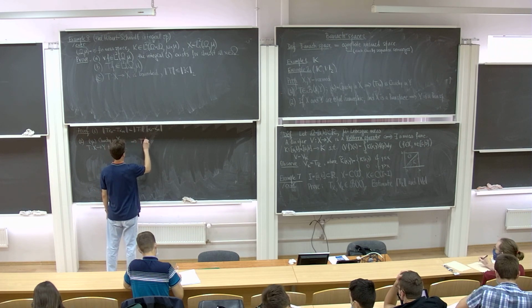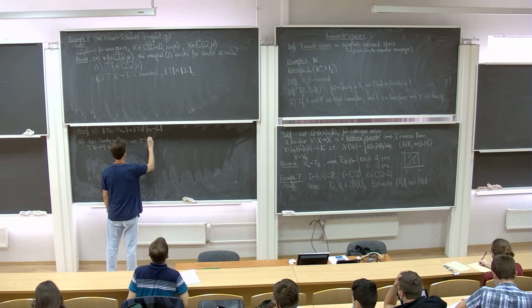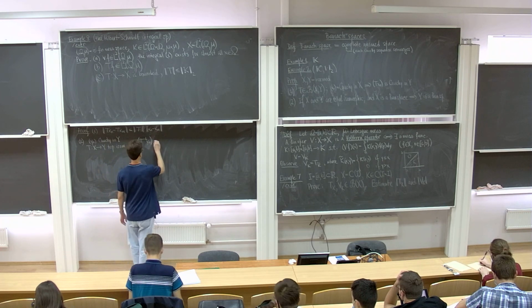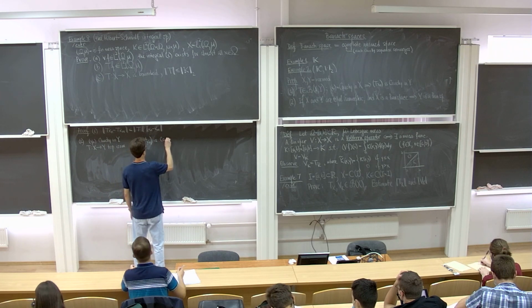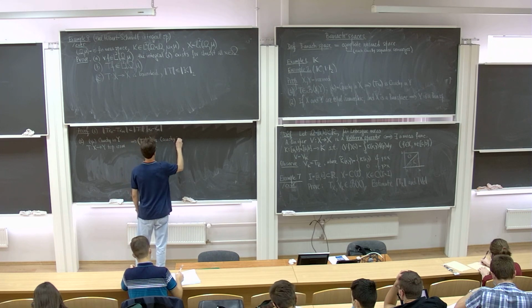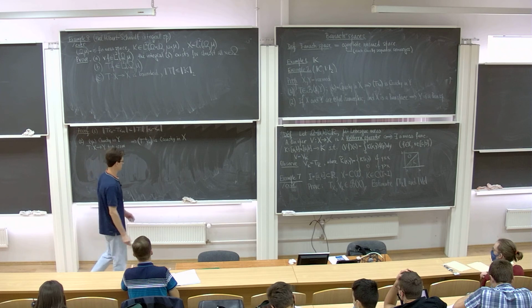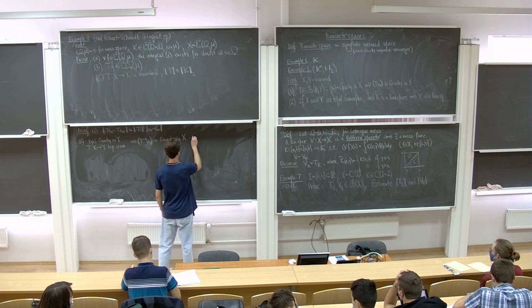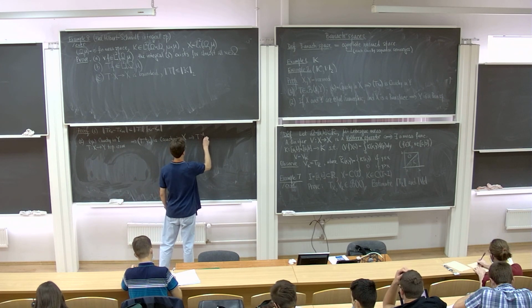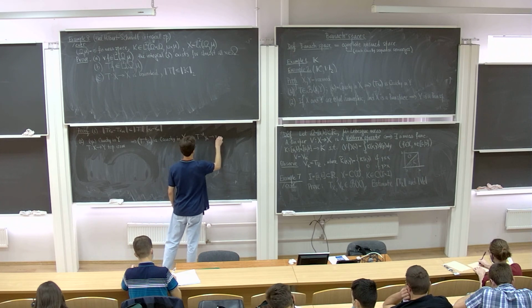By part 1, T inverse of y_m is a Cauchy sequence in X. But X is assumed to be complete, so this sequence converges to some element little x.